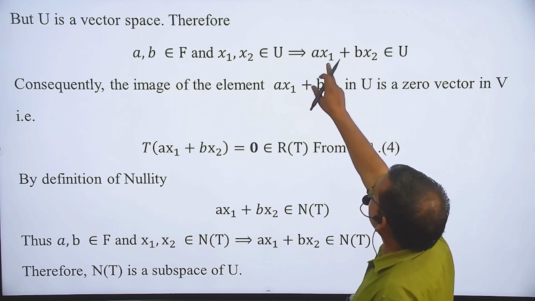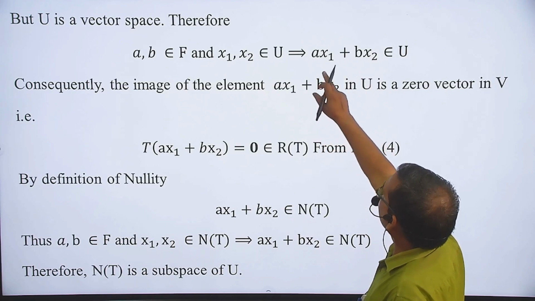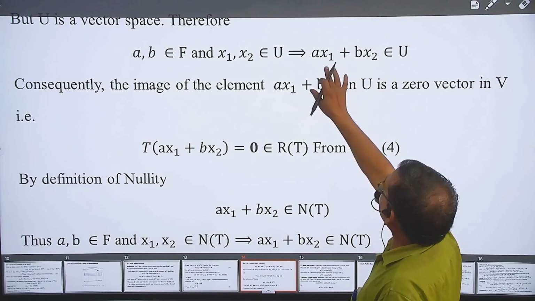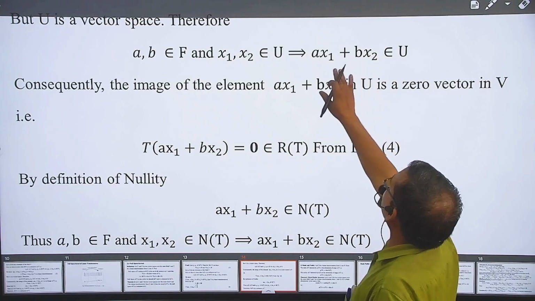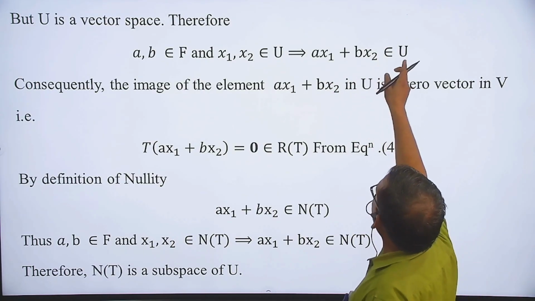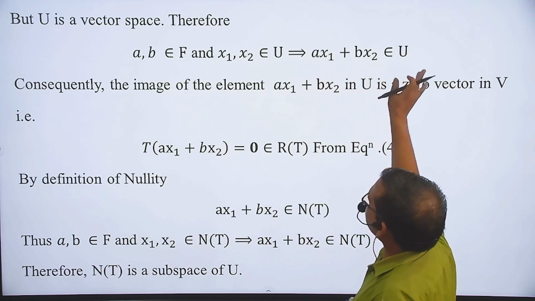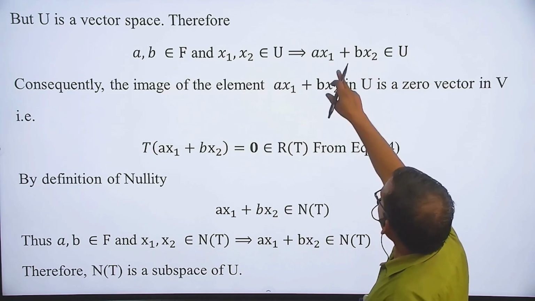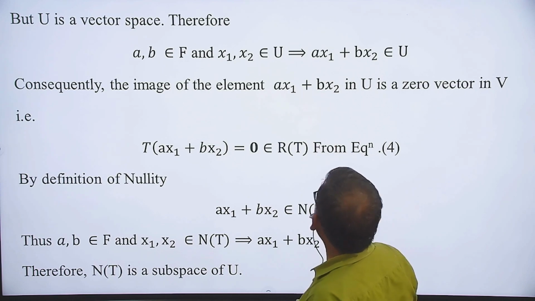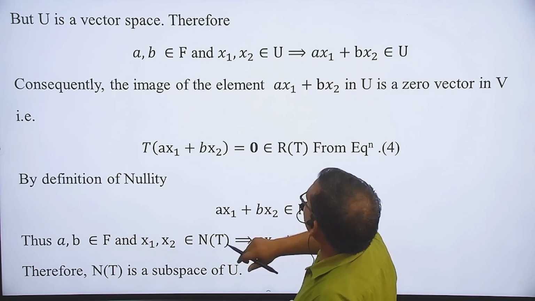Here a is a scalar and b is a scalar. a is multiplied with x1 and b is multiplied with x2, and then vector addition a x1 plus b x2, because a x1 is a vector and b x2 is a vector. So by the property of the vector space U, we get a x1 plus b x2 belongs to U.